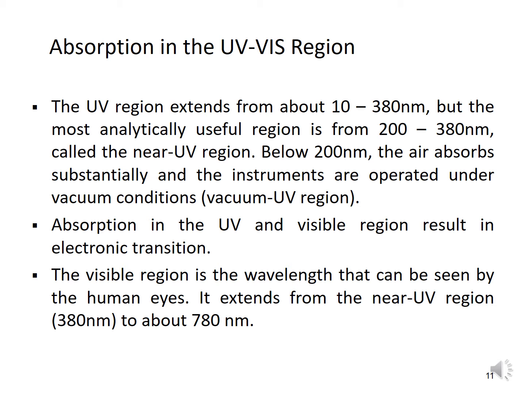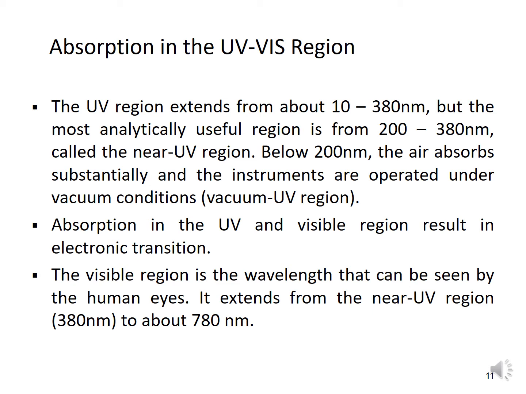Here we also have the concept of electronic transition. We implement the concept of electronic transition each time you run your sample using the UV-Vis spectrophotometer. The visible region is the wavelength that can be seen by the human eye.